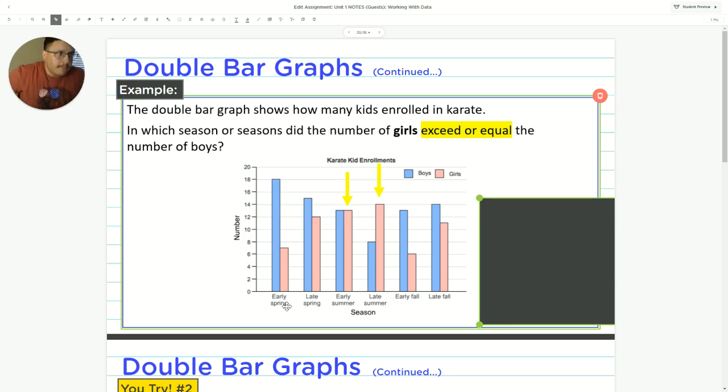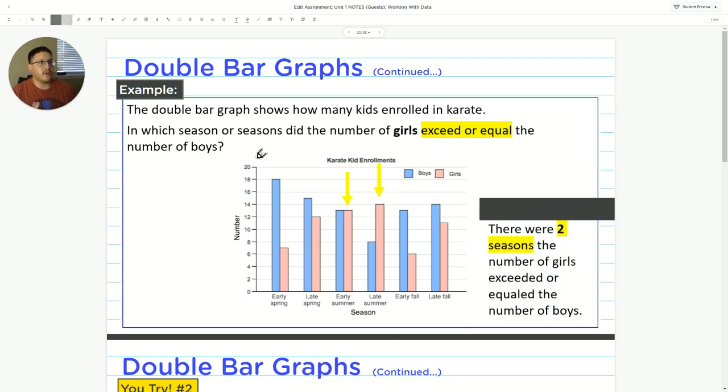So in this case, what it's trying to draw you to is which season or seasons did the number of girls exceed or equal the number of boys. So we're going to have to think about this a little bit. Exceed or equal means that the 2 bars have to be the exact same, or girls has to be more than the boys. That's what we're looking for in this double bar graph image.